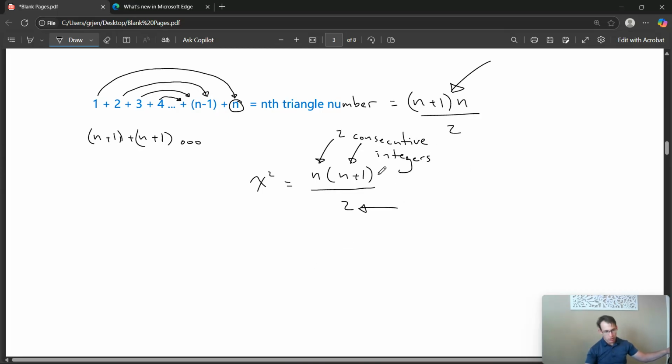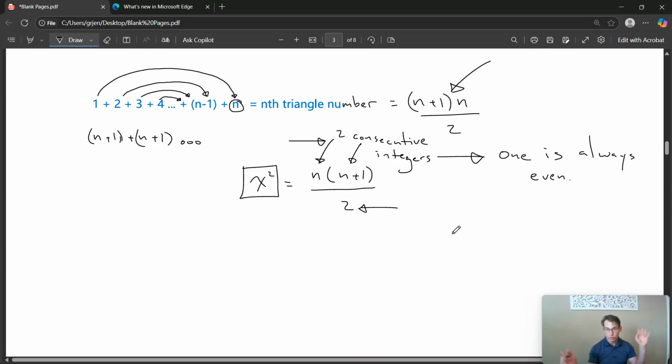Now, if we have 2 consecutive integers, one of them is always even, and one is always odd. Another thing about 2 consecutive integers, and this is true for all of them: if I look at something like 6 and 7, they're coprime.